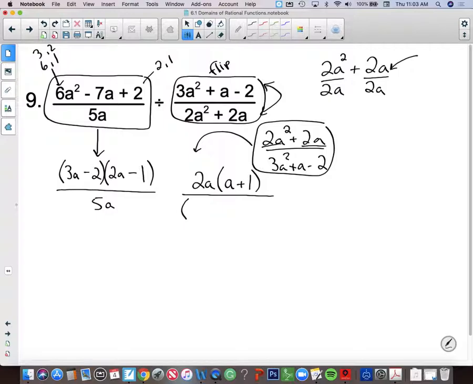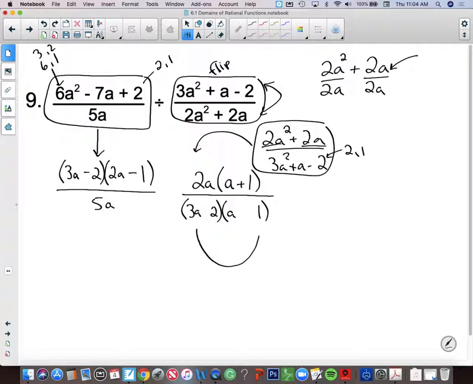And then our denominator here, we've got a 3a and an a, because that's the front number, 3 and 1. And we've got a 2 in the back number. So we're going to have a 2 and a 1. Think about where I'm going to put the 2 and the 1. If I put a 2 there, I'd have a 6 and a 1, which is not going to get me the 1 in the middle. So the 2 goes here, and then the 1 goes there.